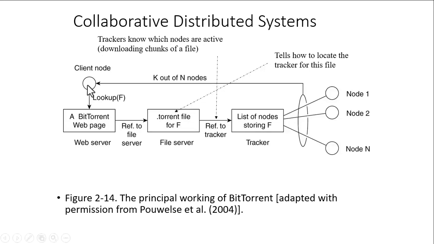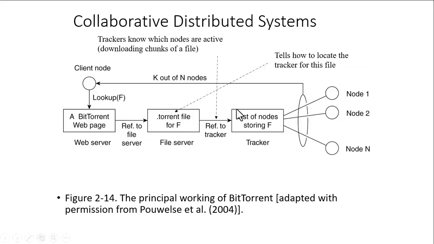So this is the client node, the client who is requesting. This leecher has a BitTorrent web page, and he gives a reference to the file, the dot torrent file, for the file server.